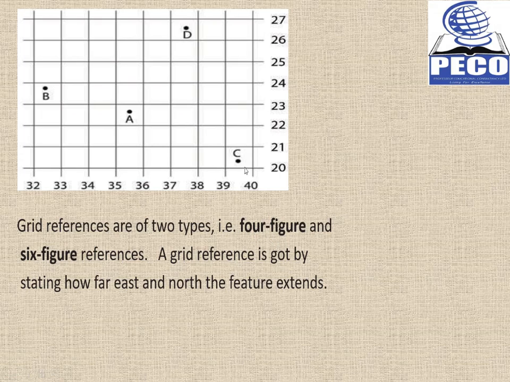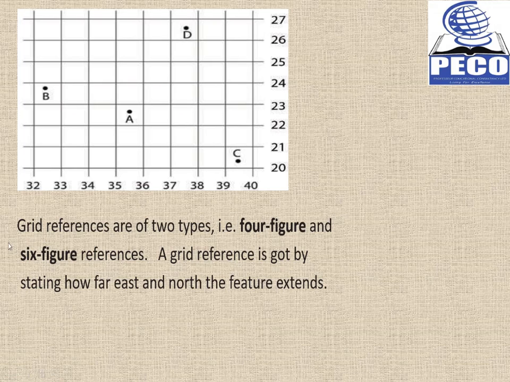For example, feature C is located in the grid square 39 easting, 20 northing. But for the 6-figure grid reference, we are going to be exact. After looking at 39, that is your starting point, we have to move until we come to feature C. After starting from northing 20, we shall have to move northwards towards 21 until we get to feature C.